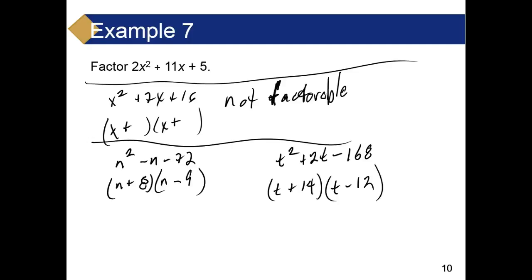So cheating as it is, I look at this and say, what's the perfect square closest to 72? 64. And the square root of 64? 8. So I'm going to guess the smaller number is 8, and the next one's a little bit bigger.